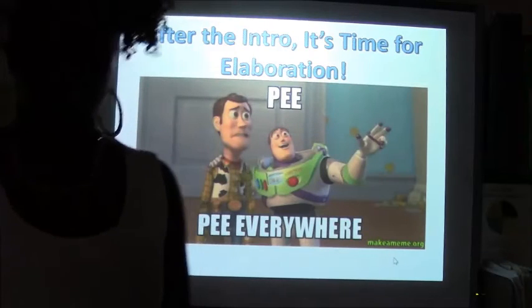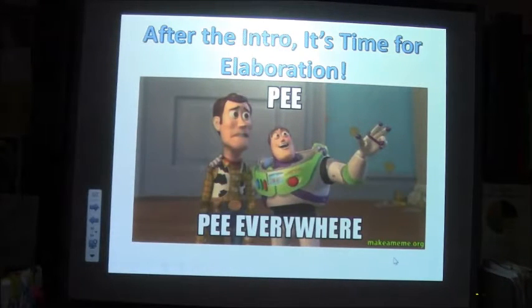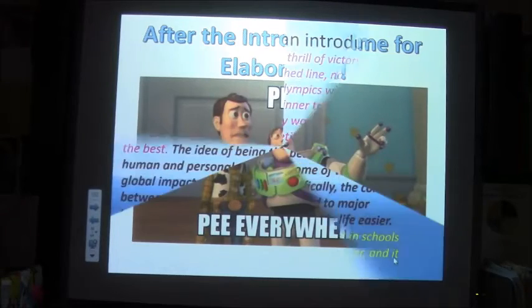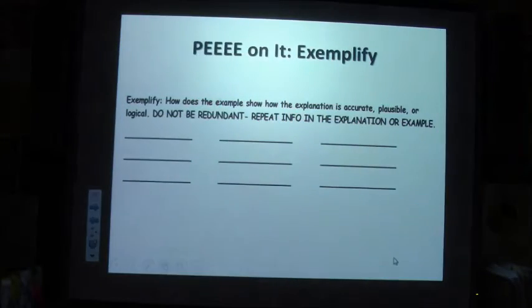Okay, so we're coming together for the next part of P, all right, which is to exemplify. Okay, so we left off with the example where we told the story or gave the illustration of what we were talking about in regards to our example.